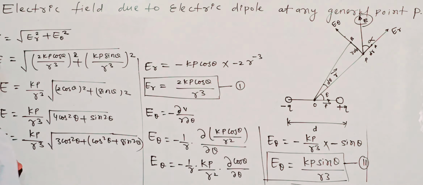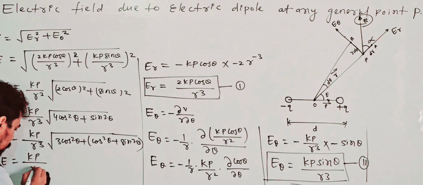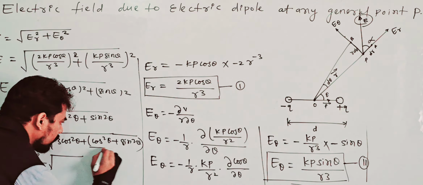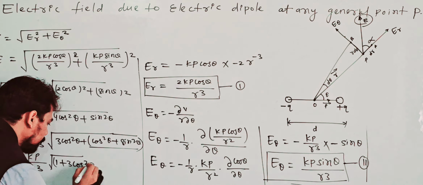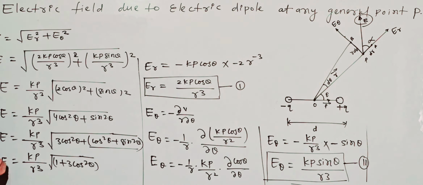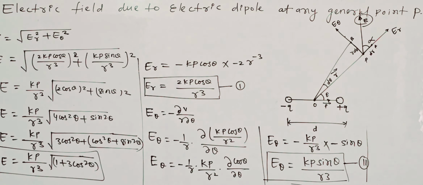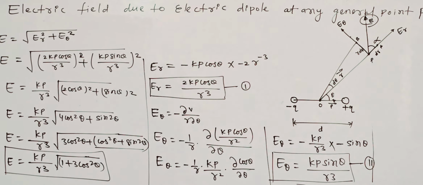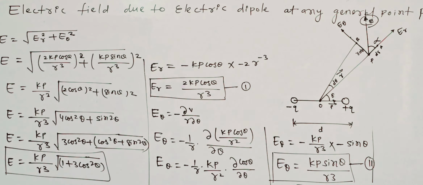So we can write over here kp by r cube under root, its value we can write 1 plus 3 cos square theta. This is the formula for the electric field at any general point due to a dipole.